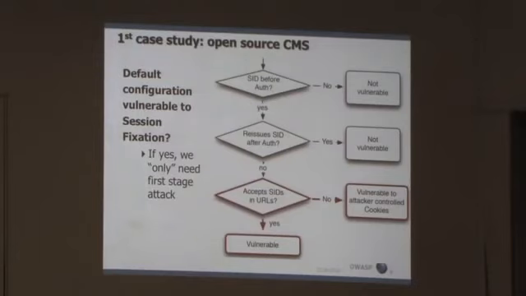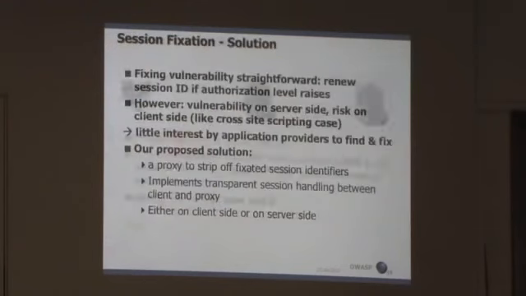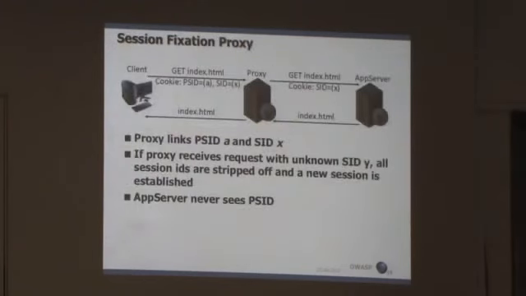Because in your future work, you could use the proxy solution on the client side instead of the server side. Yes. But there it's crucial to know which URLs will actually result in an authenticated session.